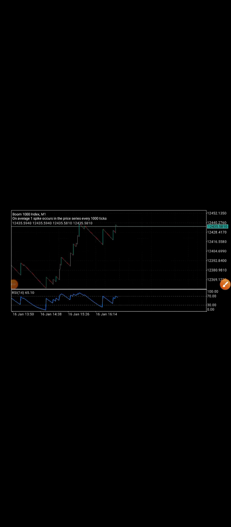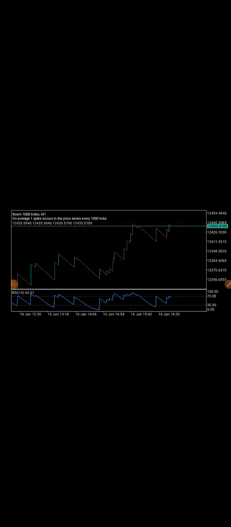Now, this is Boom 1000 for example. What we'll be looking for here is, on the main chart, higher highs like this. But on the RSI window, the RSI is creating lower highs rather, like this.